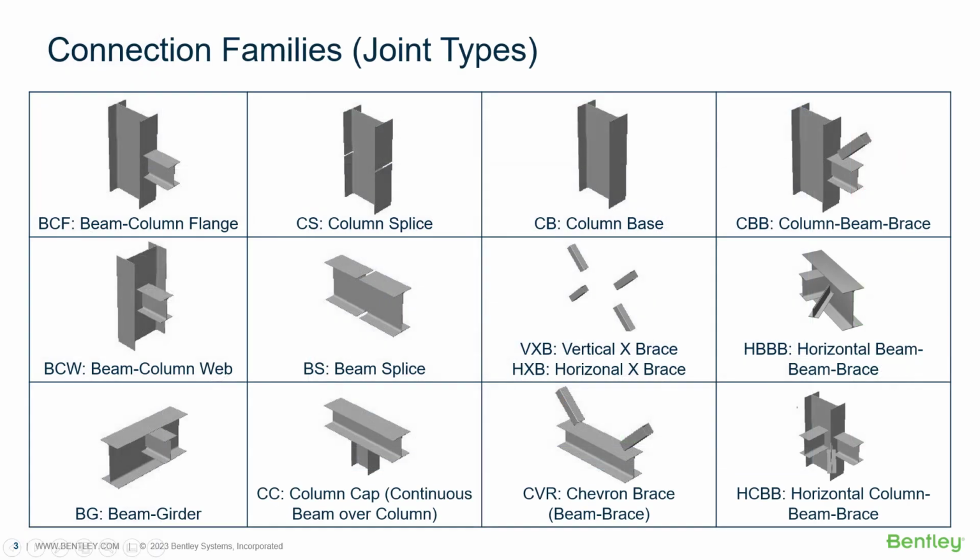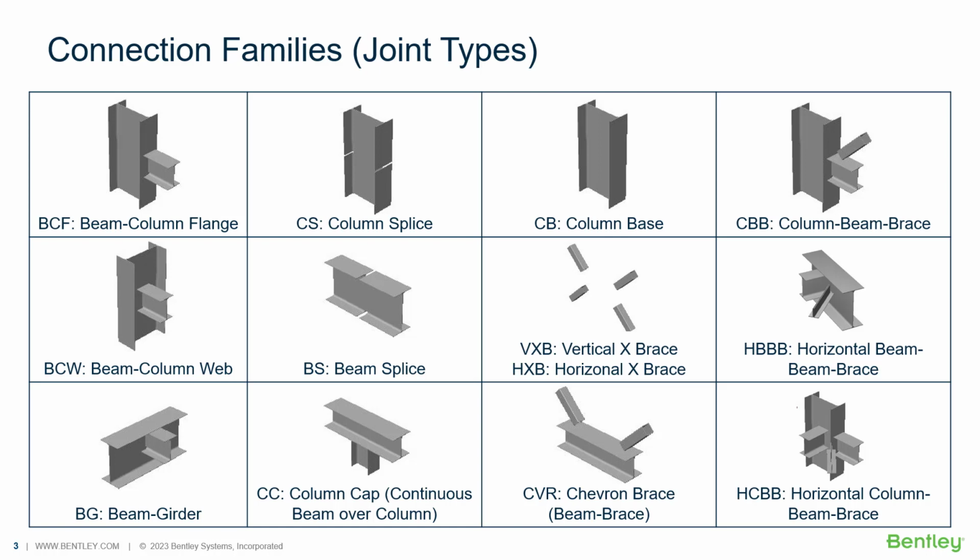Now, before we get started, let's first discuss some of the key features of RAM connection for those of you who may not be as familiar with this product. RAM connection can design steel connections for a variety of different joint configurations. And again, it works as a standalone application or in conjunction with another one of our analysis programs, including STAAD.Pro. So those joint configurations would include beam to support joints, beam splices and column splices.